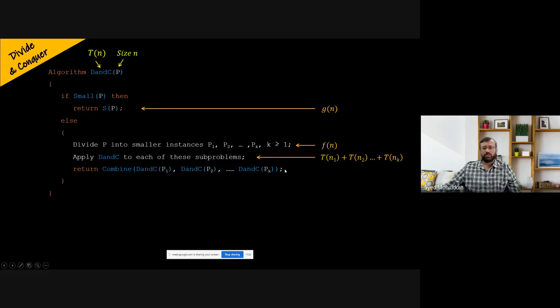When we call this, since divide and conquer takes T(n) as the time and this is a recursive function, the first subproblem P1 will take T(N1).